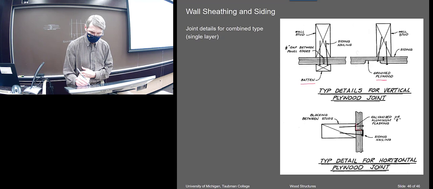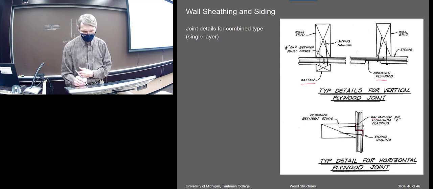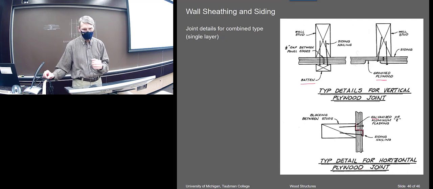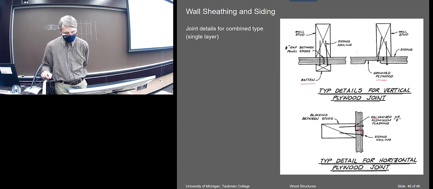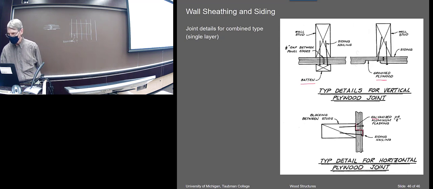I think they're usually aluminum, but maybe they are galvanized. And those get placed between the panels. This is to provide some degree of moisture barrier, I think. Okay, that is about all I think we've got on panels.